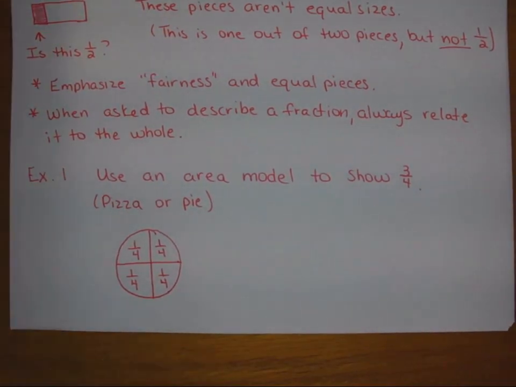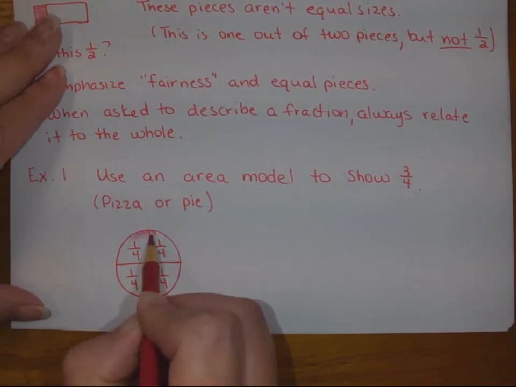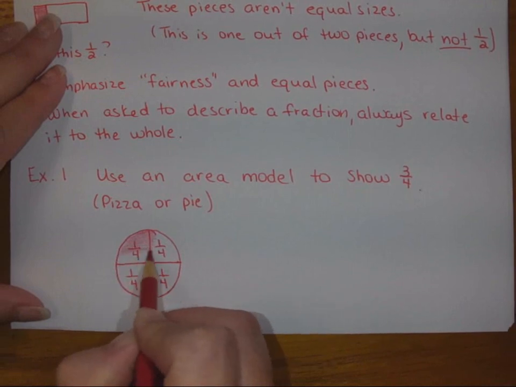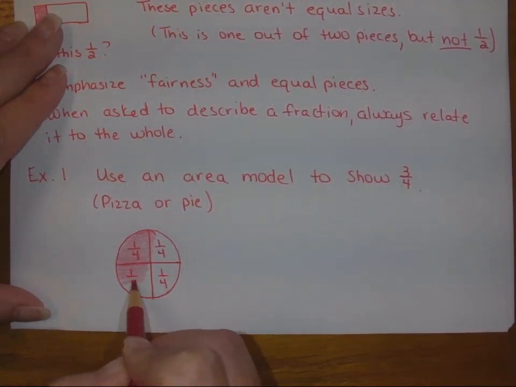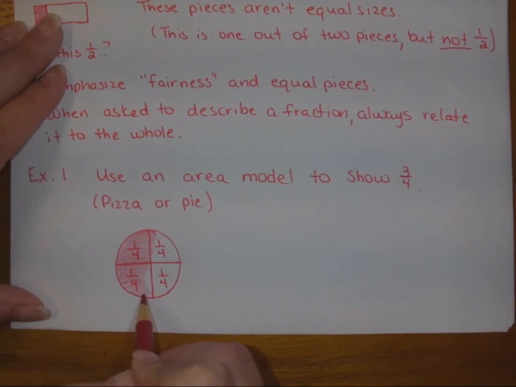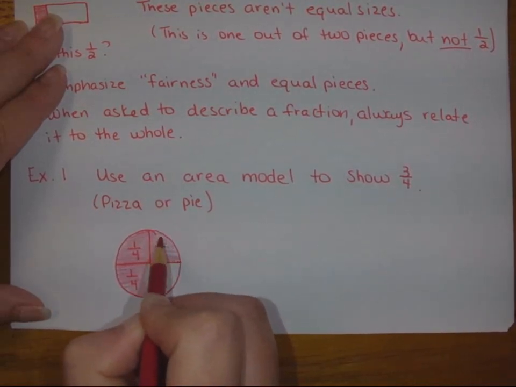But then we want to talk about 3/4, and so often when we want to talk about a part of a whole, we will use shading to indicate which area we want. So I'm just going to shade 3 of these quarters or 3 of these fourths, and that's what the definition of 3/4 is.